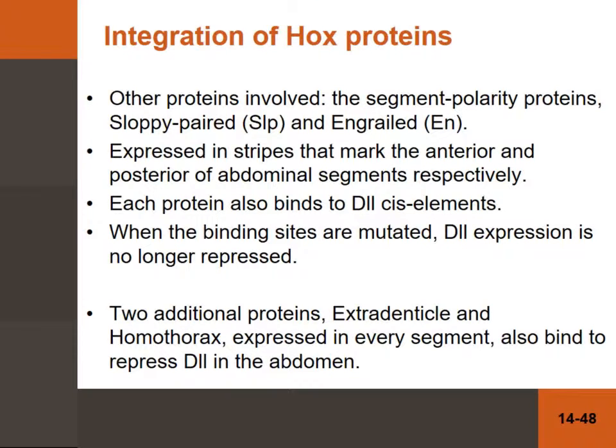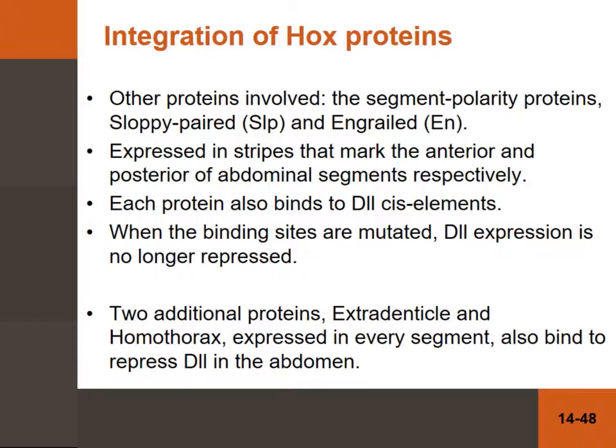So they found that other proteins were also involved. For example, the segment polarity proteins are sloppy paired and engrailed. They were expressed in stripes that mark the anterior and posterior of abdominal segments respectively. Each protein also binds to the Distal-less cis elements.